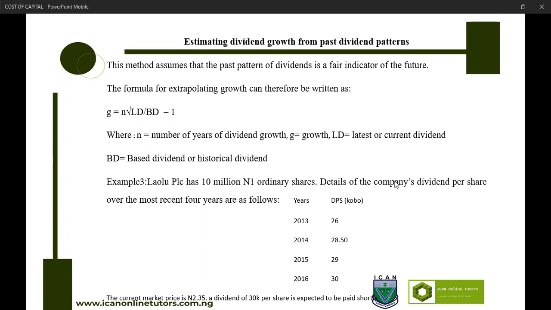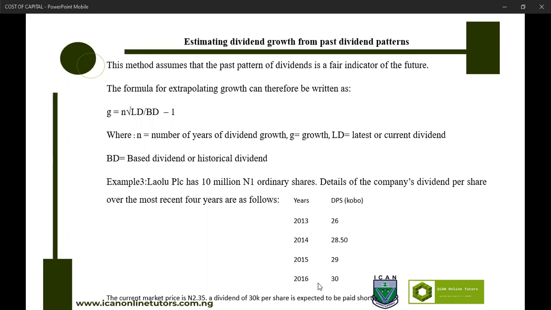Why do we minus 1? We can use this particular illustration to illustrate that. So when you have the series of dividend as it was given like this, 2013, 2014, 2015, and 2016, there is a need to minus 1 out of this.